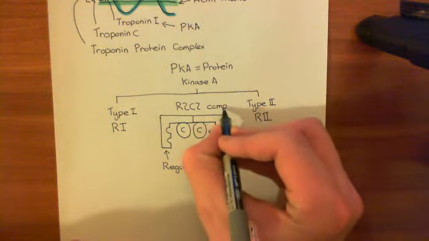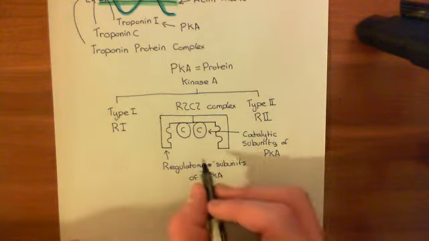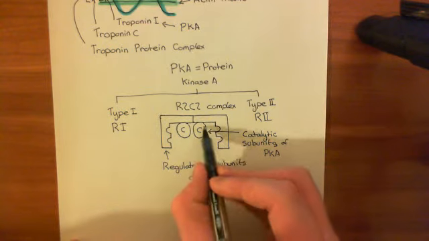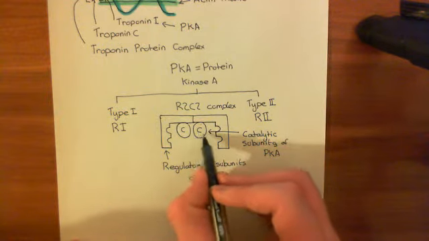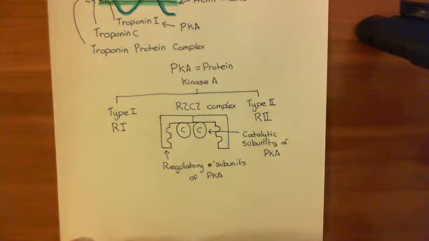Okay, so R2C2 complex. So this whole thing is protein kinase A, not just the catalytic subunit. Don't be fooled into thinking that this is the protein kinase A. The whole thing is protein kinase A.